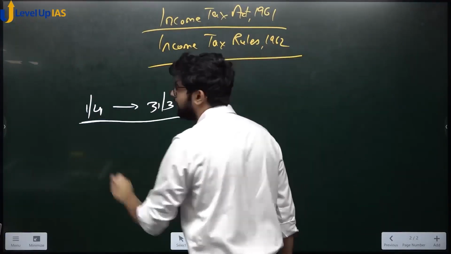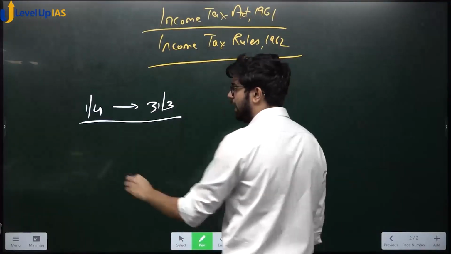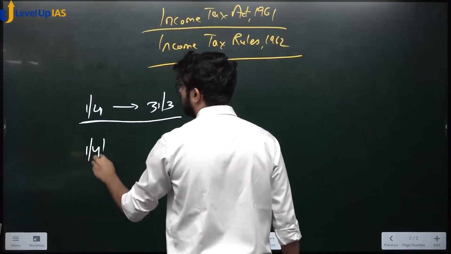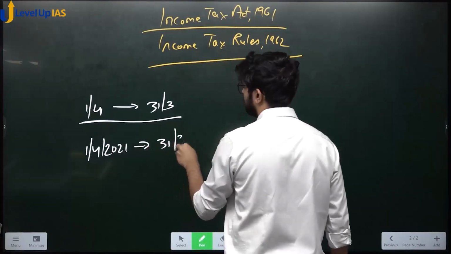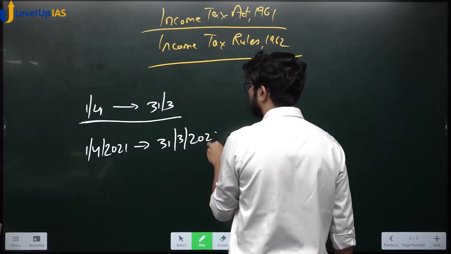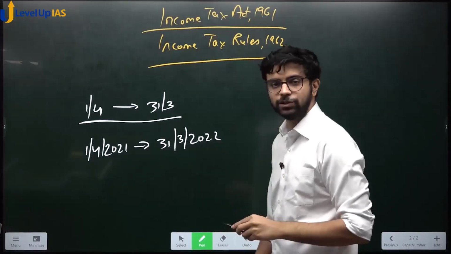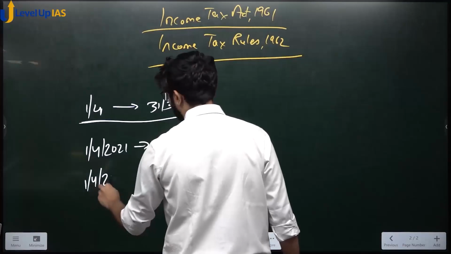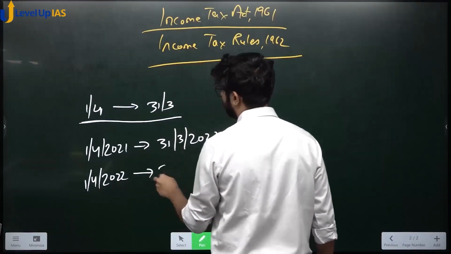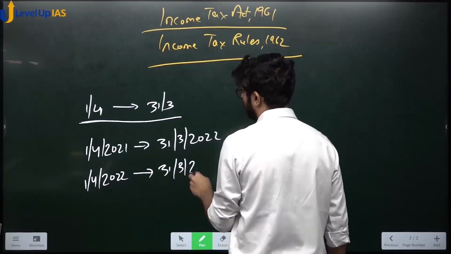The current financial year going on is 1st April 2021, which will end on 31st March 2022. What is the next year? 1st April 2022 to 31st March 2023.